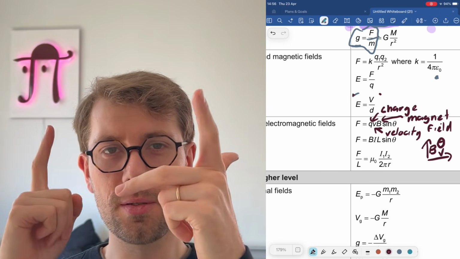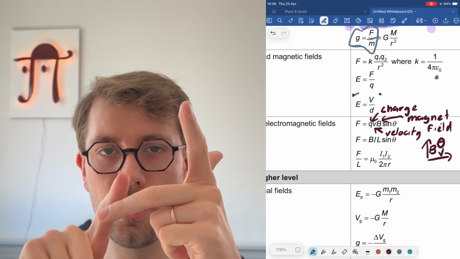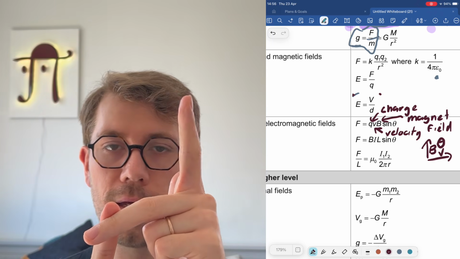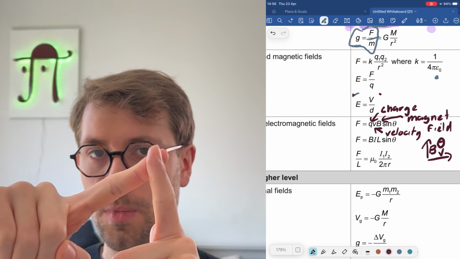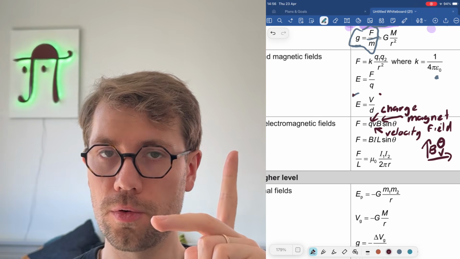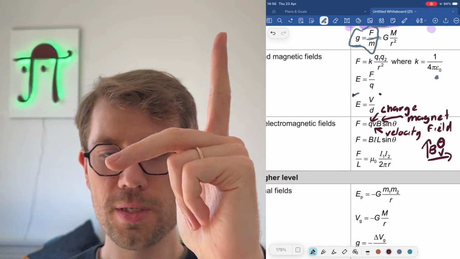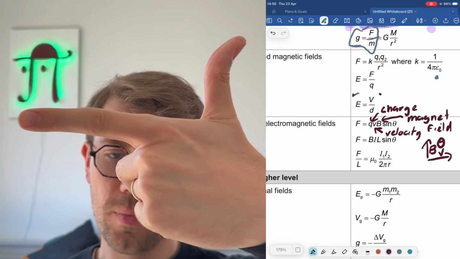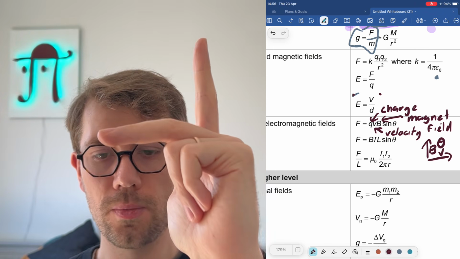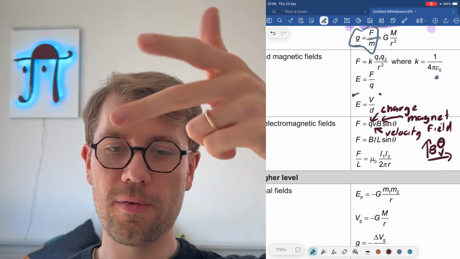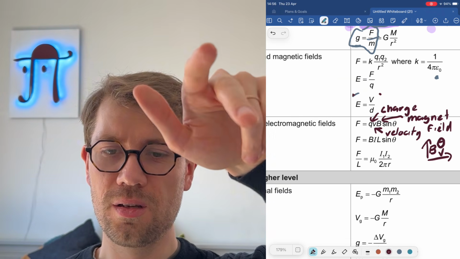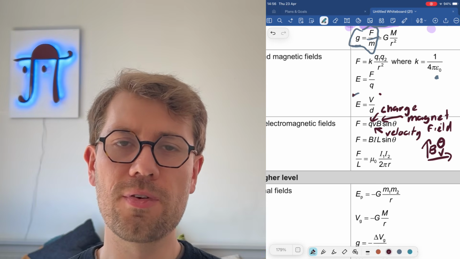And they do that because the letters for your fingers go FBI. Force for F, B for magnetic field, I for current. Always keep every finger at right angles to the other fingers. If you do that, then you're golden. If you have like a limp kind of hand like this, it's never going to work.